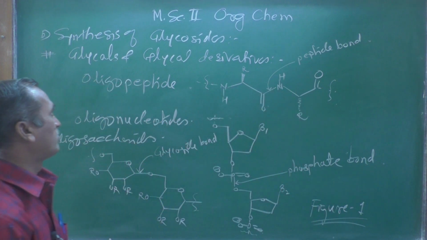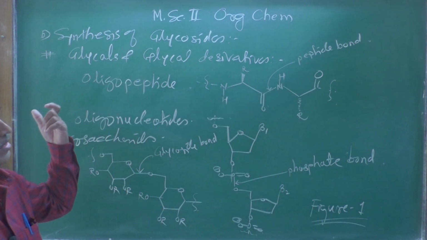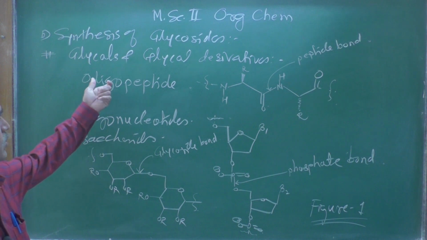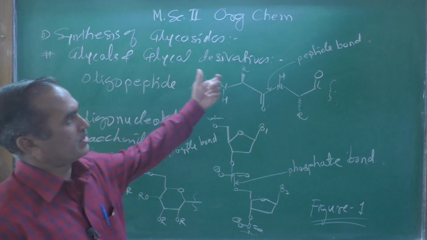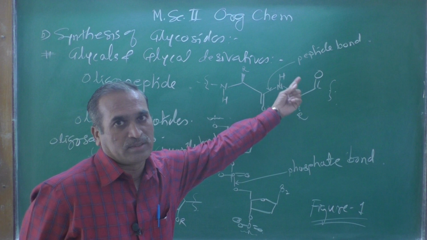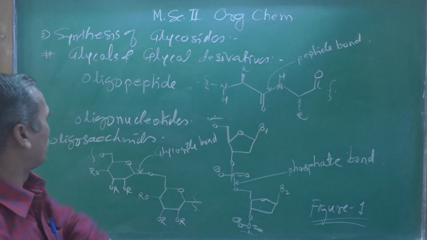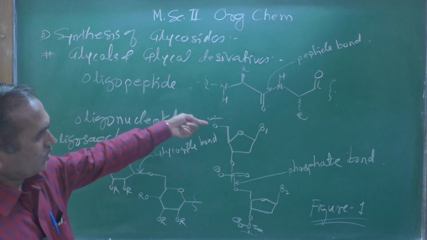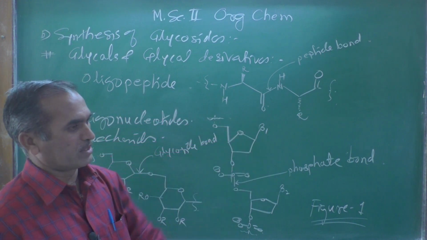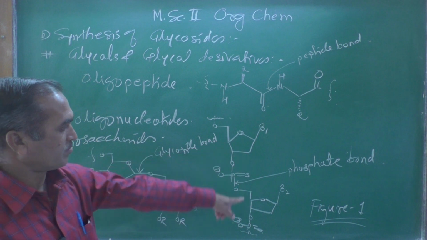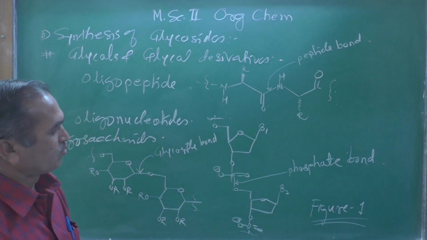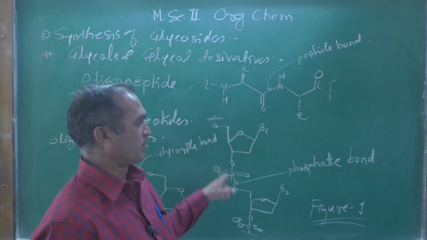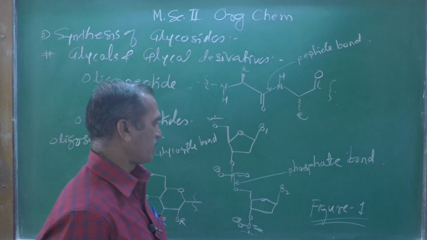This is figure number 1, where I have shown how the oligopeptide bond is represented. You can clearly observe it over here. The second one is the oligonucleotide, where the 5-membered furanose structures are shown, and you can observe there is a phosphate bond.